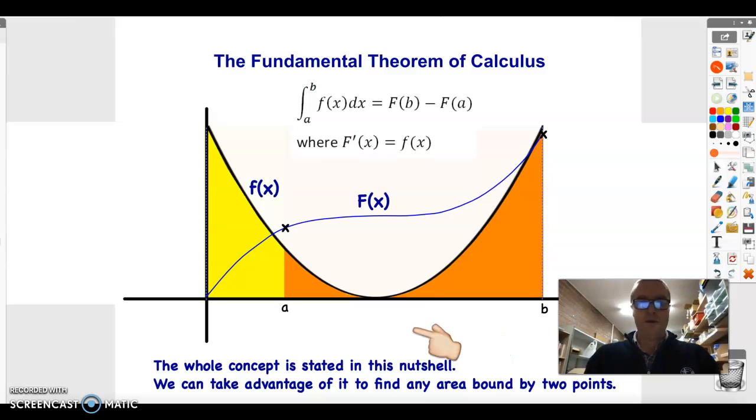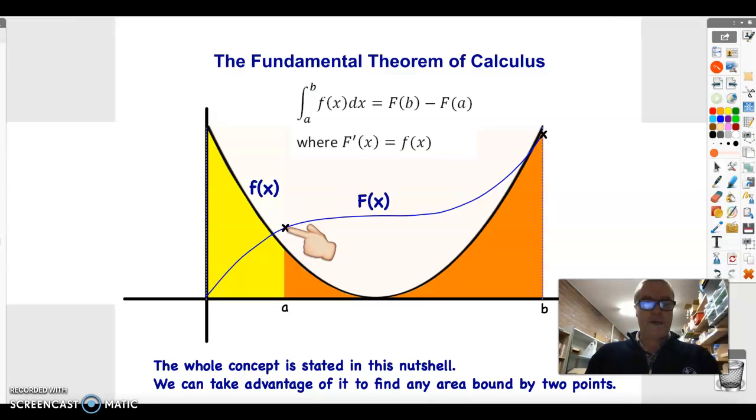In other words, we can see it as the difference of the whole area between x equals 0 and x equals b, subtract the area from x equals 0 to x equals a, and we're going to end up with this orange area from x equals a to x equals b. Those values for the areas come from the values of the function capital F of x. So that point on this curve, the value of the function right there, is the entire area.